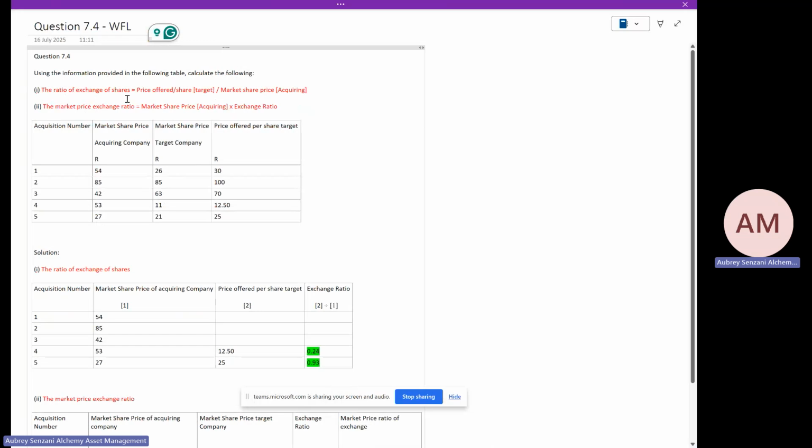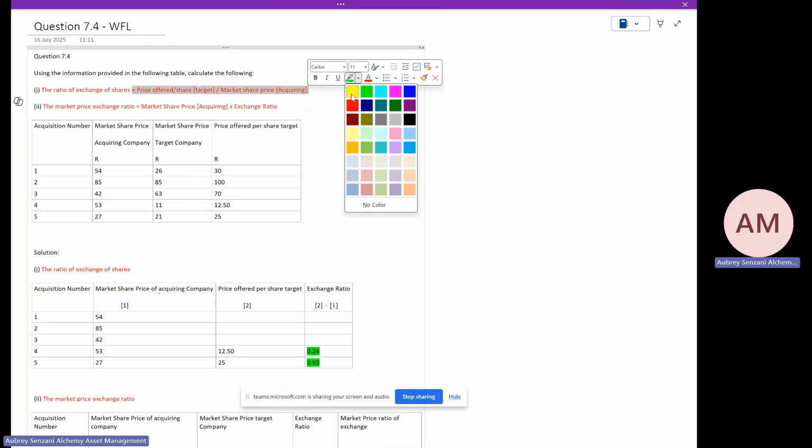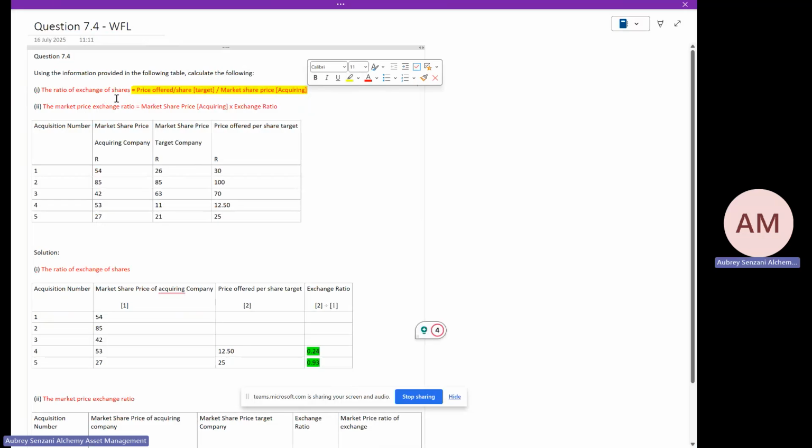The ratio of exchange of shares. And this I've added on. It's obviously not in your textbook, but just to make our lives easier. What is the formula for the ratio of exchange of shares? It is the price that we offered the target company that we're looking to acquire, divided by the market share price of our company that is doing the acquiring. Remember, we're basically exchanging our shares for them to give us their shares and in effect give us control and shareholding of their company so as to merge it with ours.